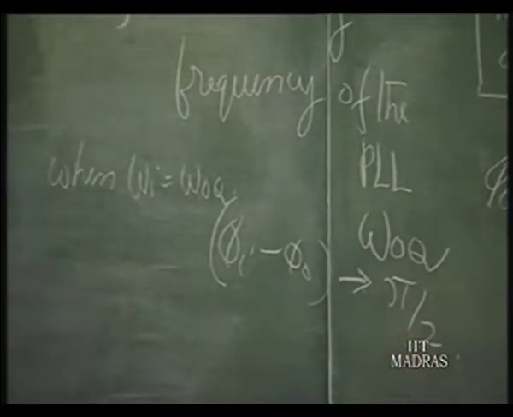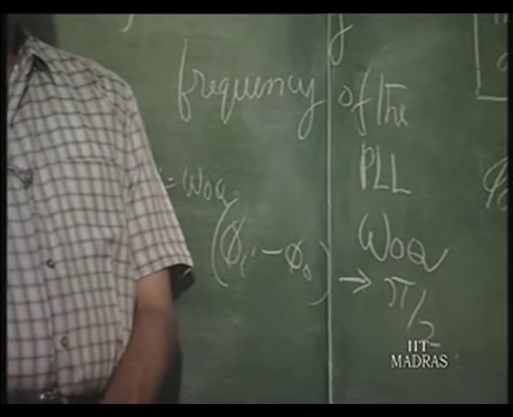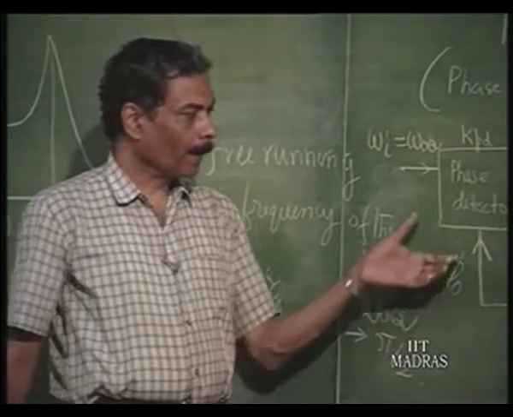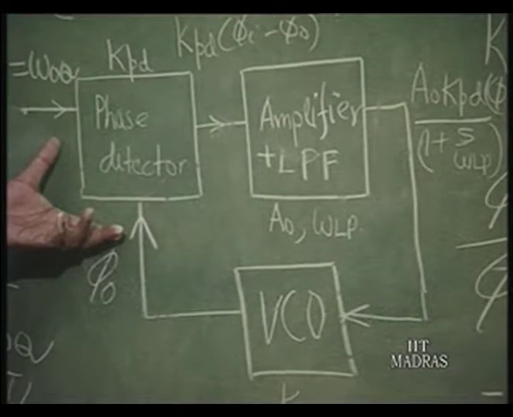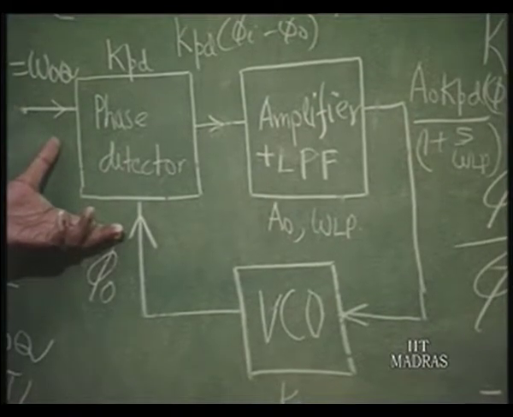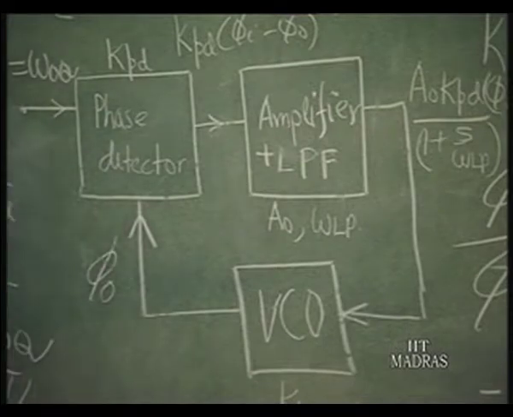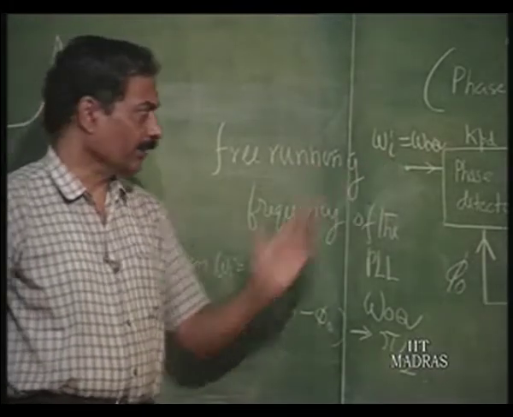It is an important point that you should understand in a phase lock loop. Now, that is why we have designed our phase detector so that its quiescent phase shift corresponds to pi by 2. Okay.